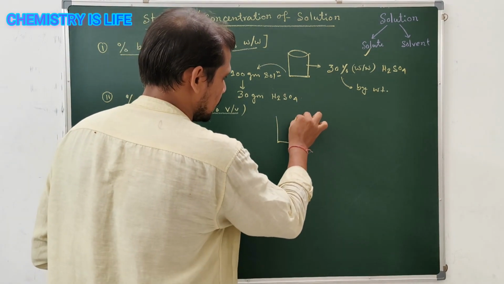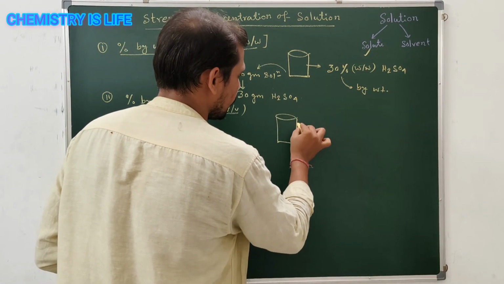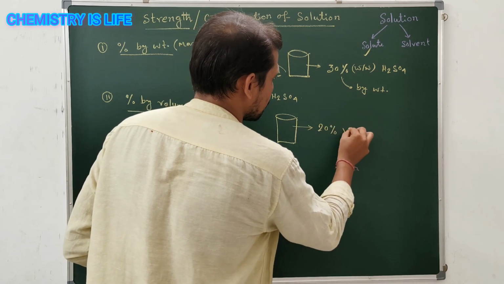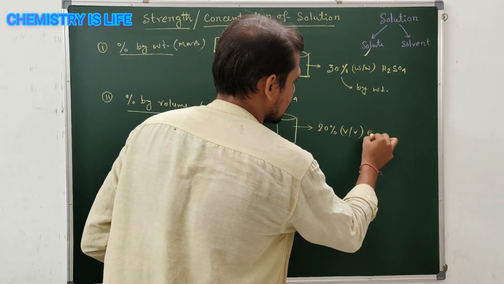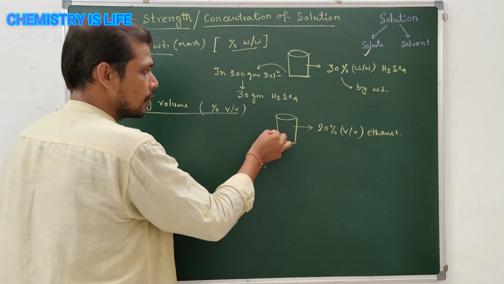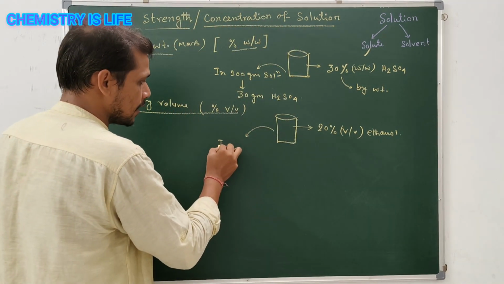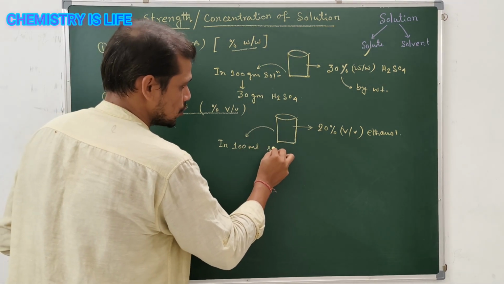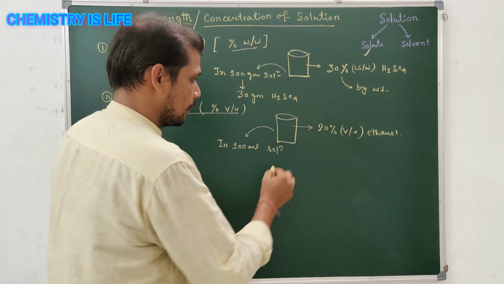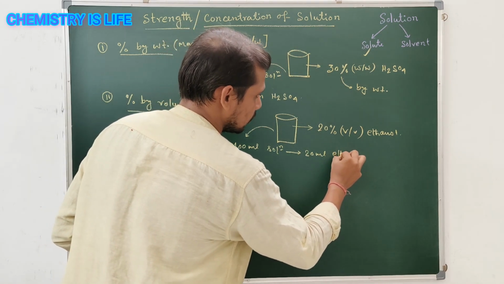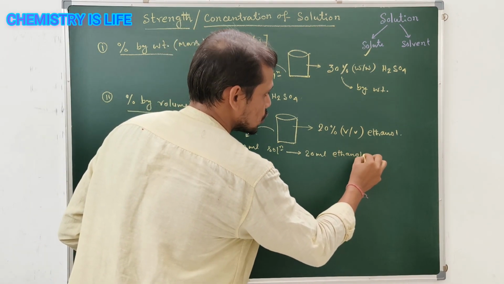As for example, let's take an example. It is written as 20% V by V ethanol. So what does that mean? It means in 100 ml solution, there is 20 ml ethanol present as a solute.